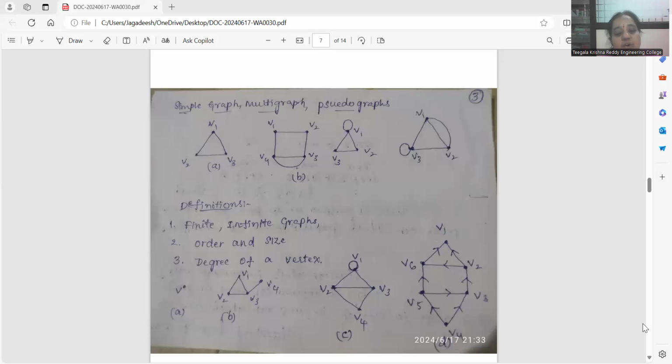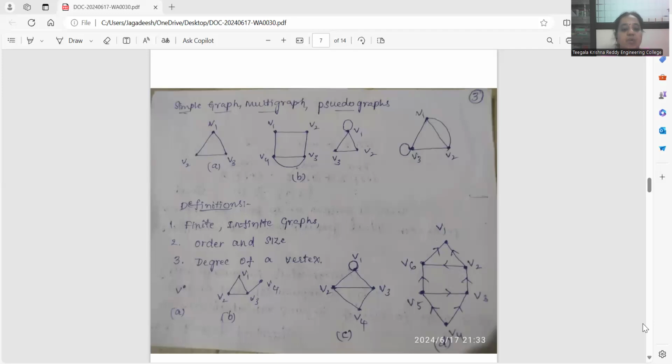The last one is called a pseudograph: a graph which contains parallel edges and self loops is called a pseudograph. Basically, a graph which contains no parallel edges and no self loops is called a simple graph.